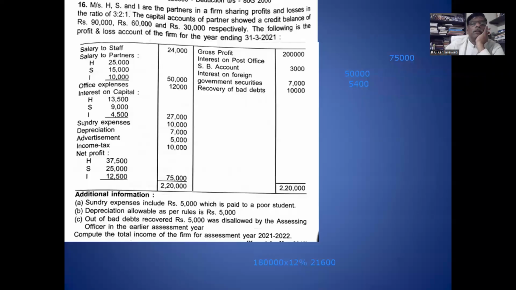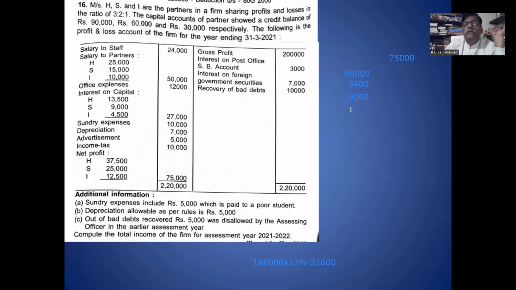Interest on capital done. Sundry expense: 10,000 is the sundry expense. Out of this 10,000 sundry expense, 5,000 is not related. 5,000 is paid to poor students. So 5,000 is disallowed. Okay. Next item is depreciation. 7,000 is the depreciation. Out of 7,000, 5,000 is allowable as per the second adjustment.